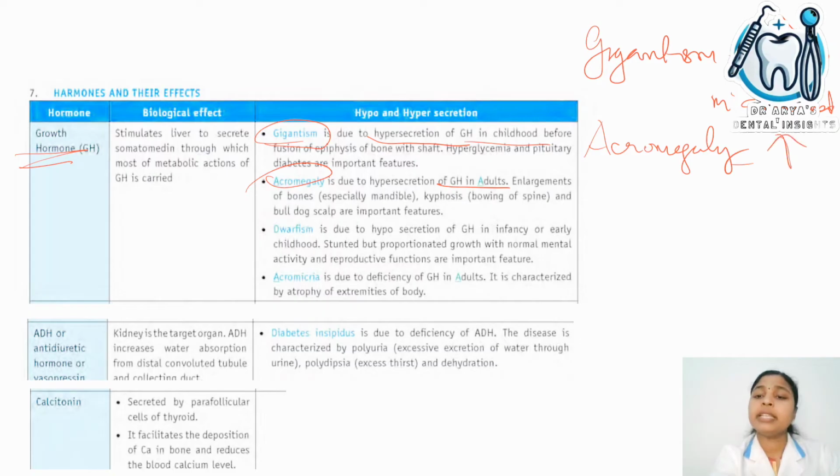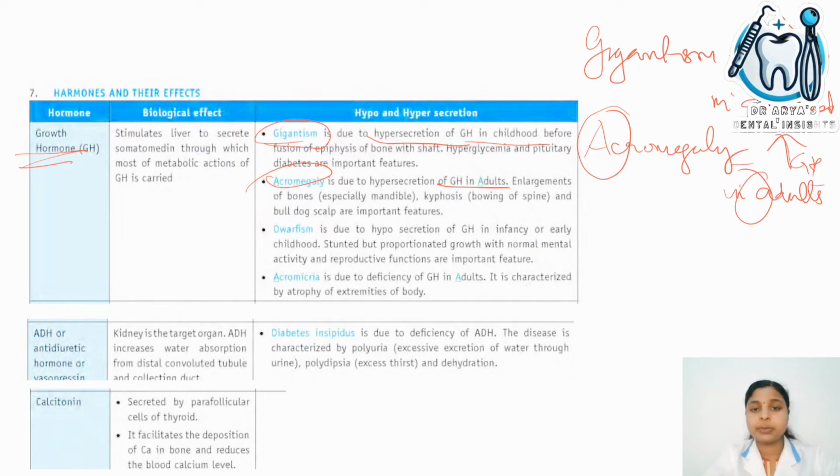There is a mnemonic, that is A for A. Acromegaly is due to hypersecretion of GH in adults. Enlargement of bones, especially mandible, kyphosis, that is bowing of spine, and bulldog scalp are the important features.